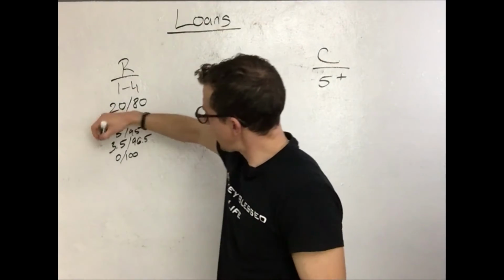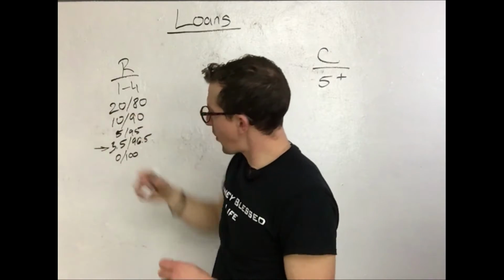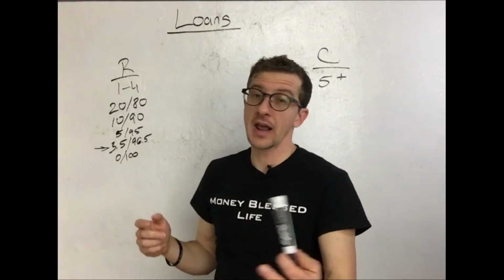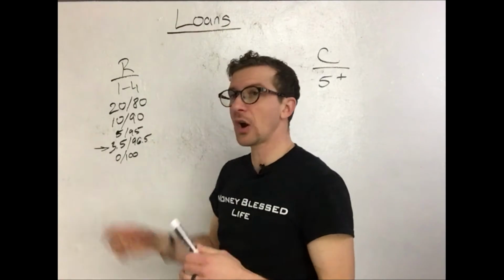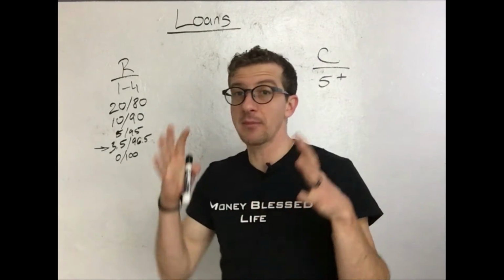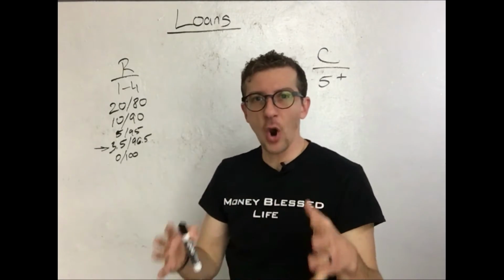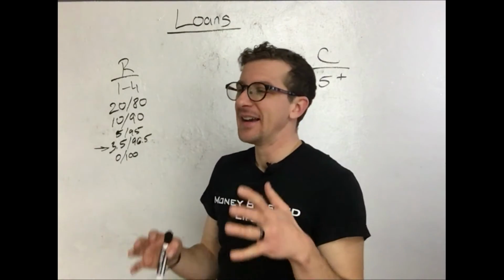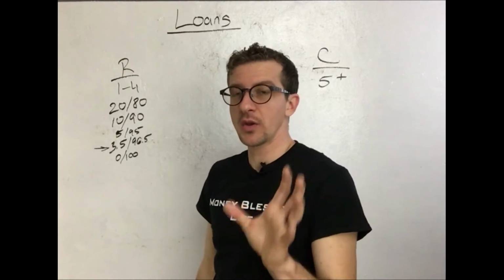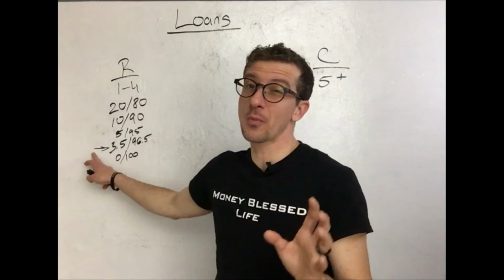So the FHA is the 3.5% down in the United States. That's for what they call the first-time home buyer. That doesn't mean that you have to be a first-timer ever, like you have never owned a home, but it does have certain stipulations of what you can and cannot do, and it has to be your primary residence.